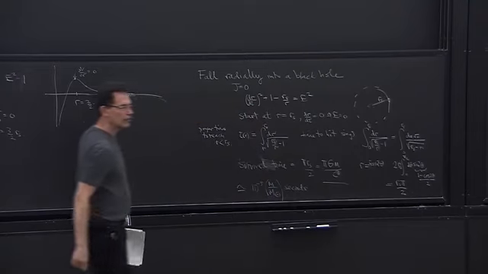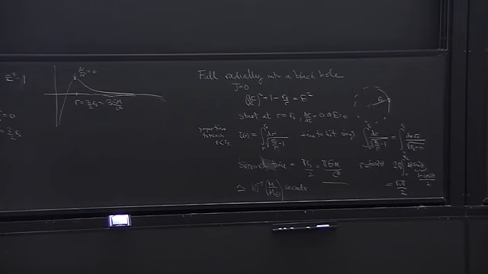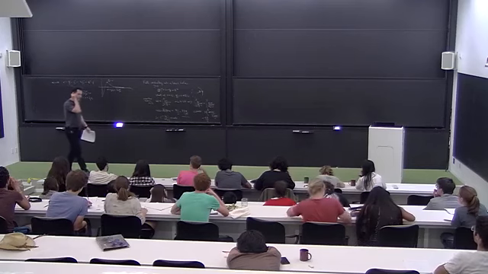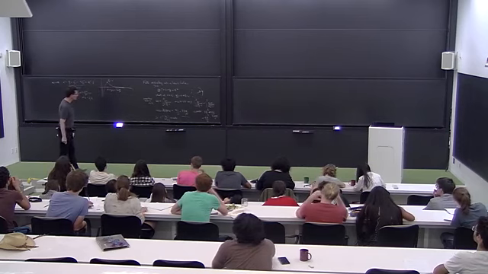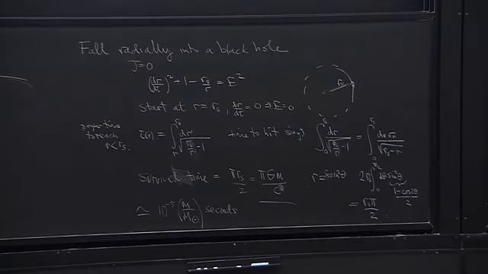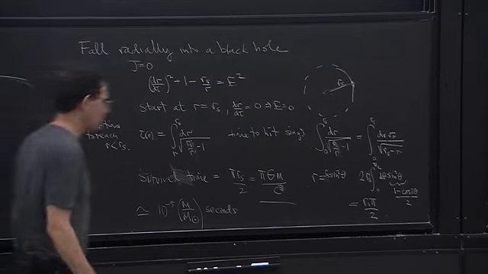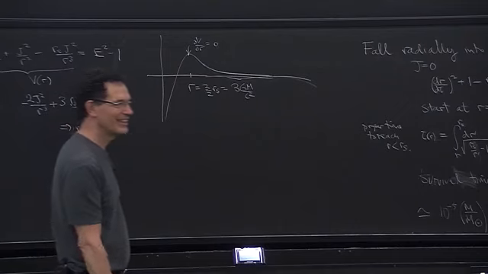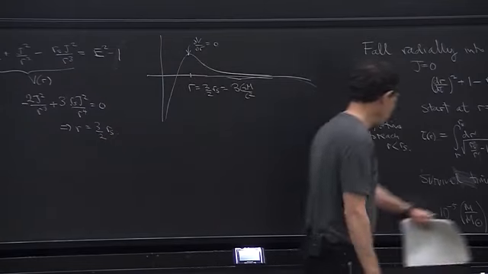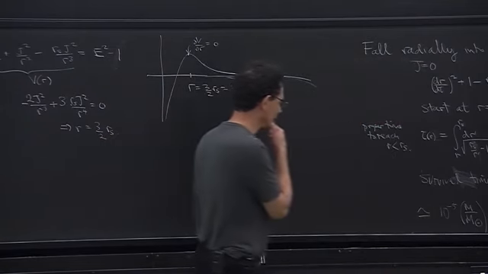So if you fall into a one solar mass black hole, you last 10 microseconds before you hit the singularity. If you fall into the one in the Milky Way, much, much better. You last for 40 seconds, for 4 million solar masses.